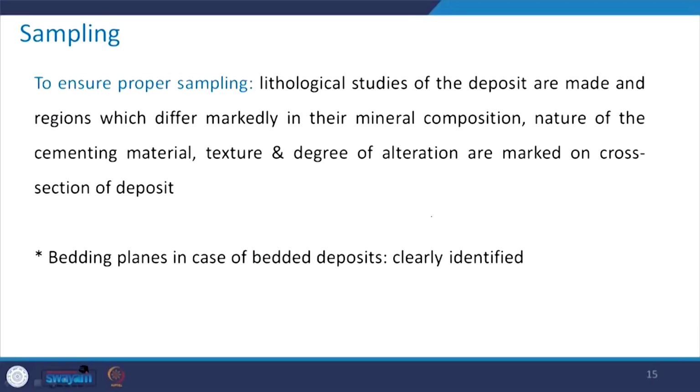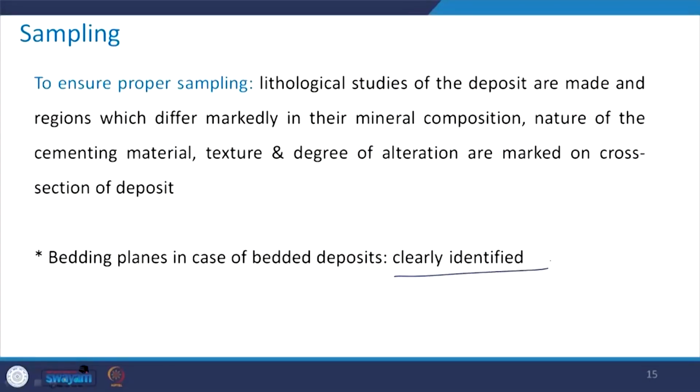How to decide this? In order to ensure proper sampling, we need to do a proper lithological study of the deposit and the regions where the lithology differs from each other in their mineralogical composition, maybe the nature of the cementing material, texture and degree of alteration.